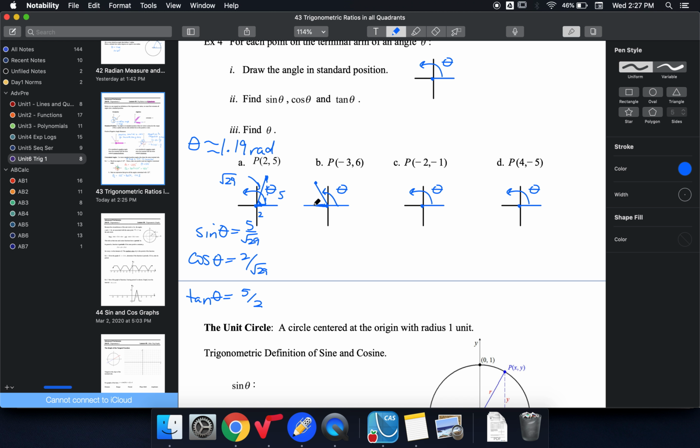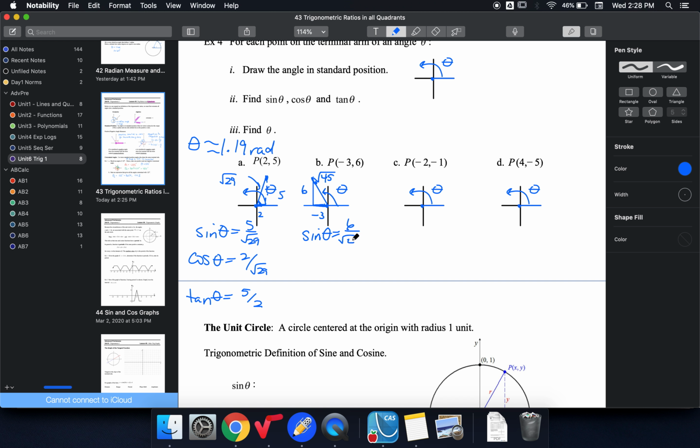This x value is -3. I know the length of that is 3, but the x value is -3. The y value is 6. So when I do my sine value, I'm still going to get a positive. My sine theta is going to be 6 over, 36 plus 9 is 45, so that's root 45.